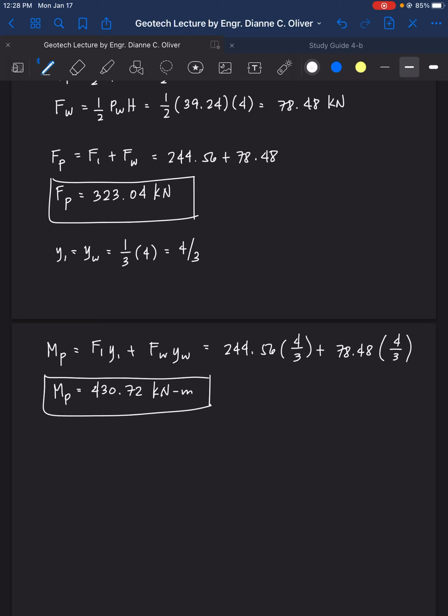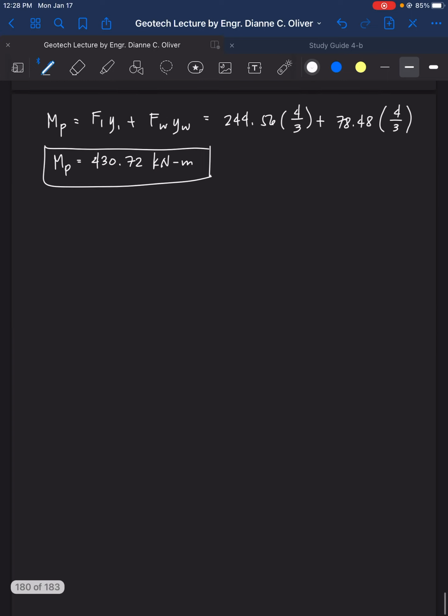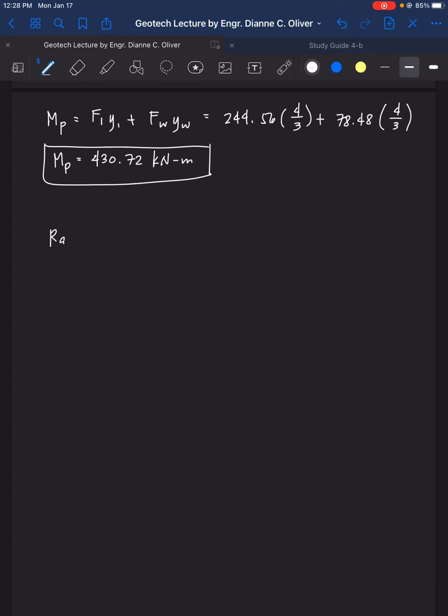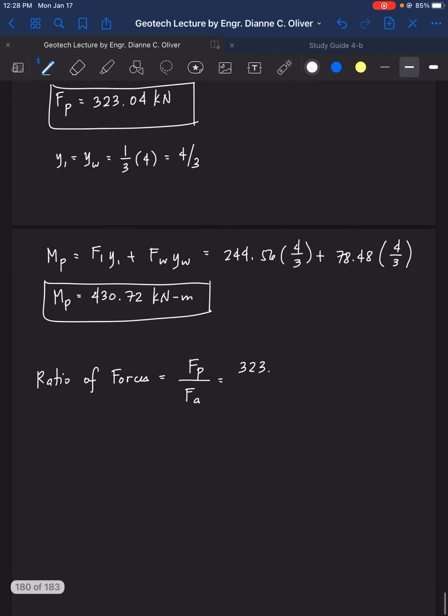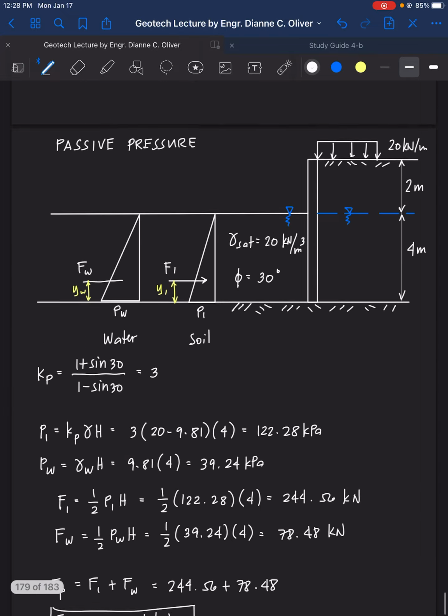Now here is the moment of truth. Let's see if the structure is stable or not. So let's find the ratio of forces, F passive over F active. F passive is 323.04 divided by F active.